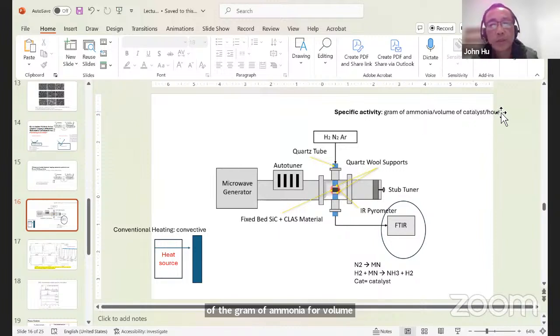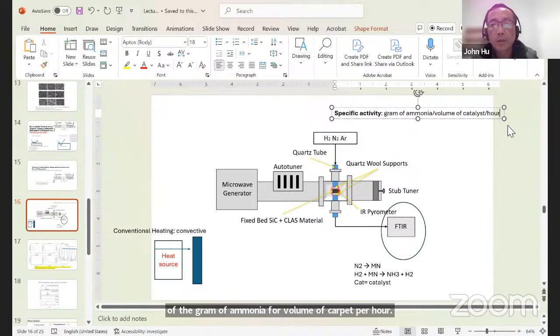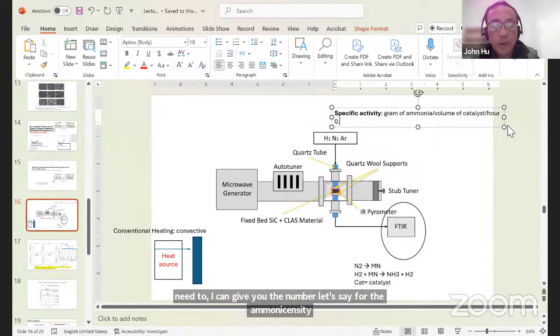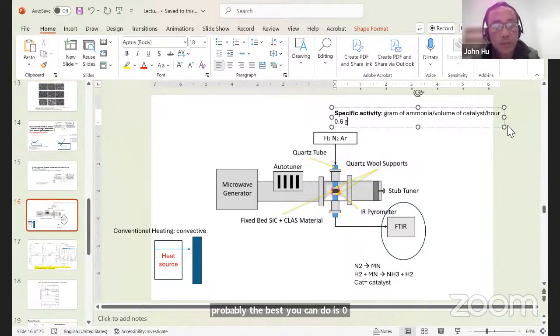So that's the basic setup. Typically, I can give you the number. For ammonia synthesis, probably the best you can do is 0.6 gram ammonia per ml of catalyst per hour.